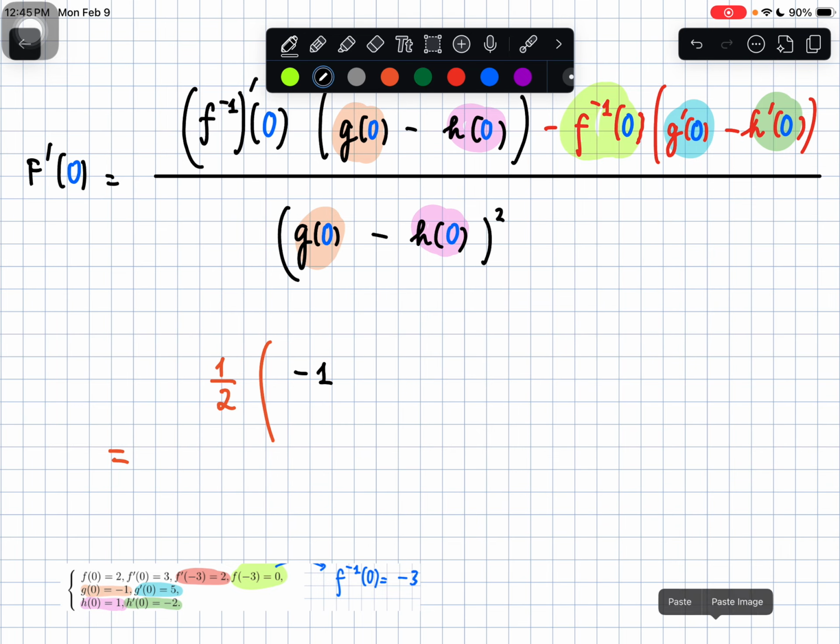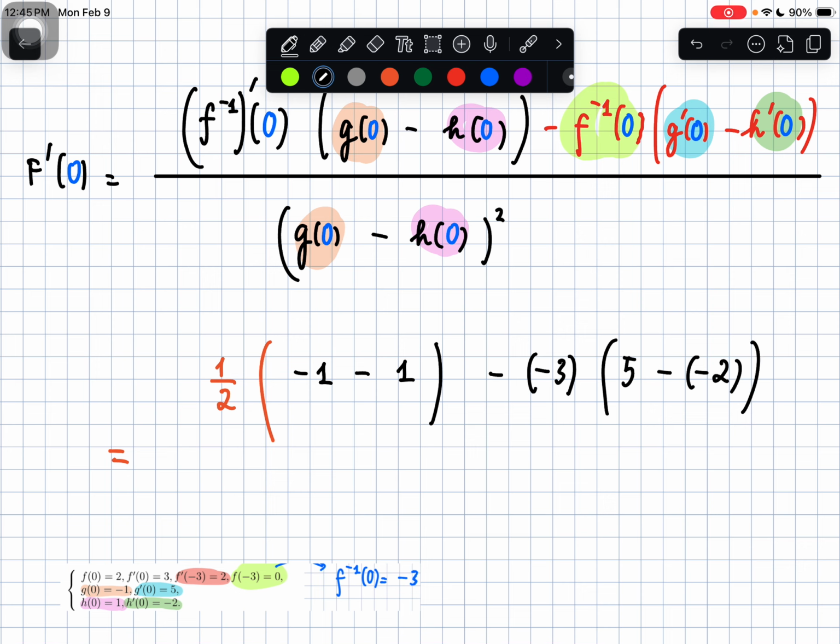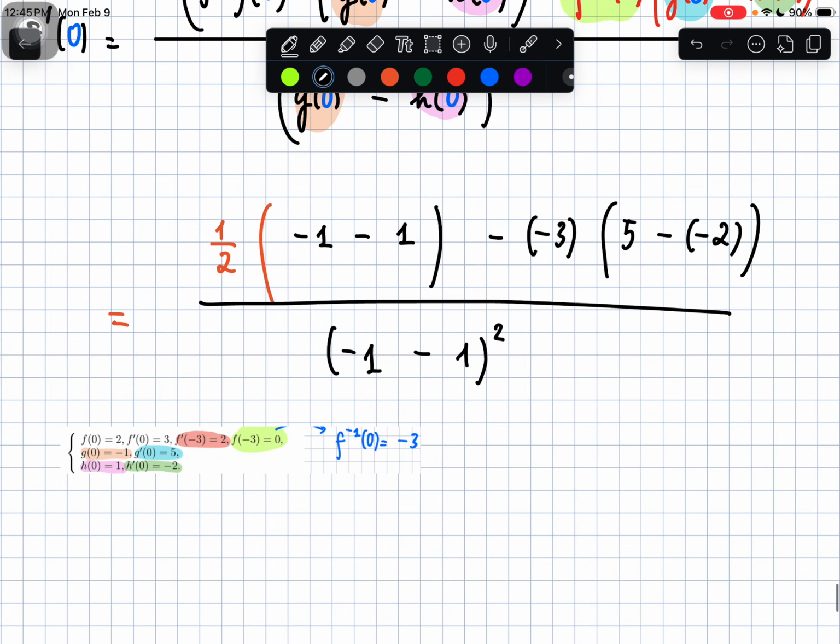H of 0 equal to 1. F inverse of 0 is negative 3. G prime of 0 is 5. H prime of 0 is 2, so negative 2 over g of 0 minus h of 0, minus 1, squared.